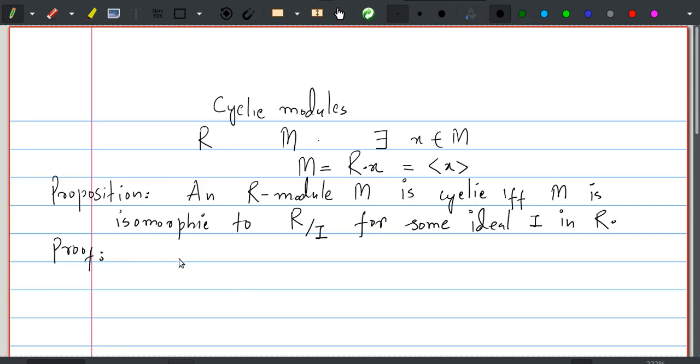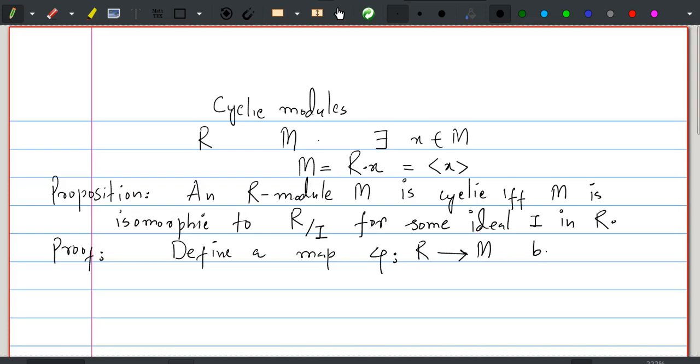So let us define a map phi from R to M. Phi takes an element A in R and carries it to AX.